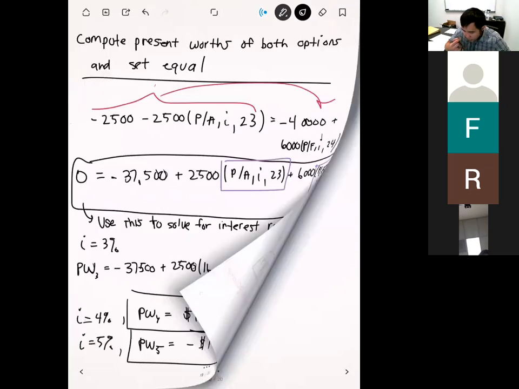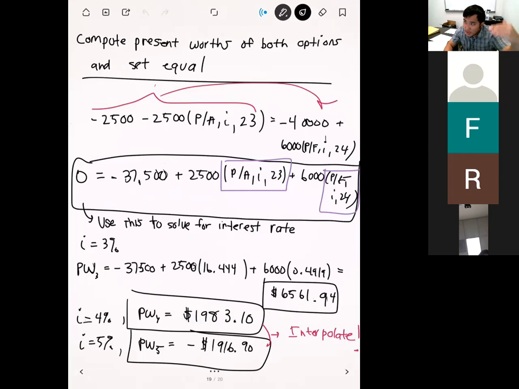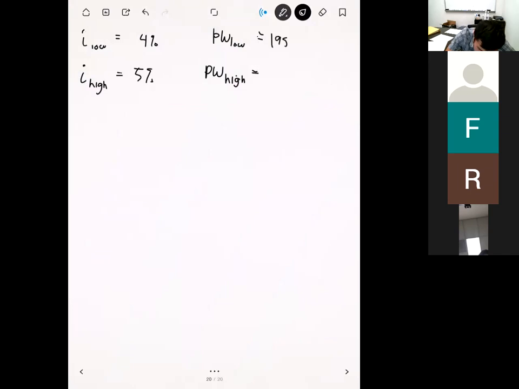This is a good example, because we have an investment and our present worth is getting more negative, so PW low here is actually going to be this positive 1983.10, whereas our PW high is going to be minus 1916.90. Remember, don't get those two mixed up. You want to make sure that you're associating PW low as the present worth of your lower interest rate. All right, so now we have everything.